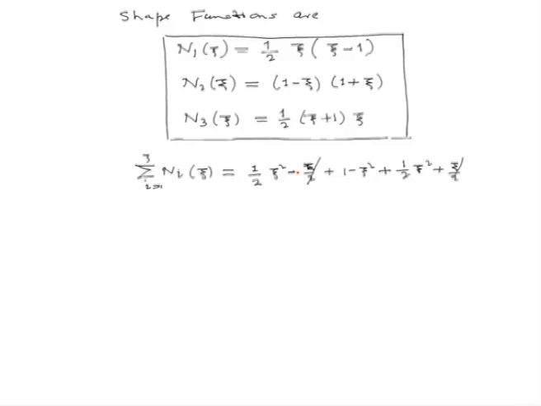Xi by 2 gets cancelled. Now, these xi square terms will again cancel. So, what we are left with is sigma I N_I(xi) is equal to 1. Thus, these shape functions do satisfy the partition of unity property.